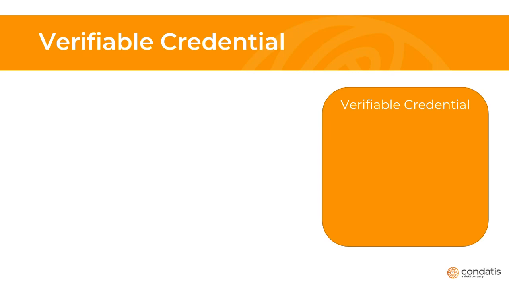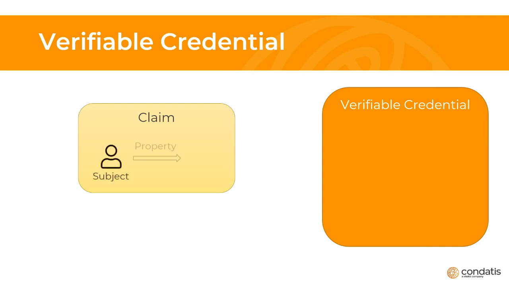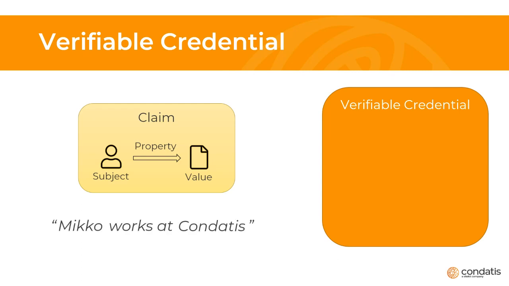First of all, a credential contains a number of claims. A claim is a statement about a specific subject, it can be expressed as a subject-property-value relationship. So let's take an example of a claim. Here's Mikko works at Condatis. In this claim, Mikko is the subject of the claim.